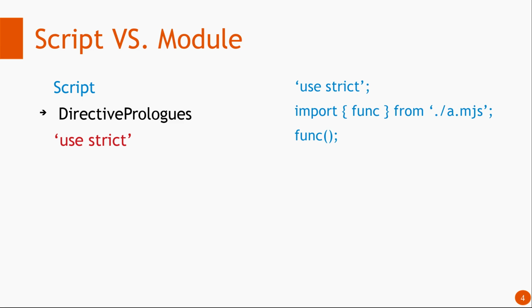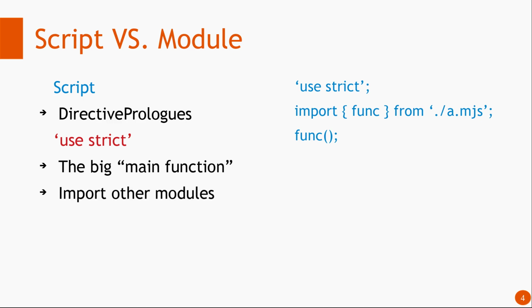Usually, we put the use strict literal string in the position of directive prologues. We'll explain it later. The script body may consist of several statements. You may wonder why JavaScript doesn't have a main function just like C or Java does. However, in script mode, the whole script program is the big main function.